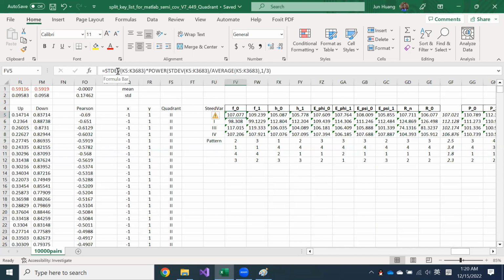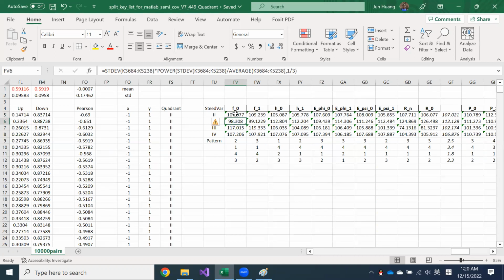You can see it's the standard deviation times the power: the standard deviation divided by the mean or average, to the cubic root. So we take the ratio between the standard deviation and the average, with a cubic root, times the standard deviation.